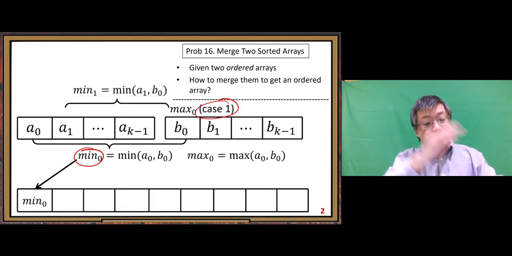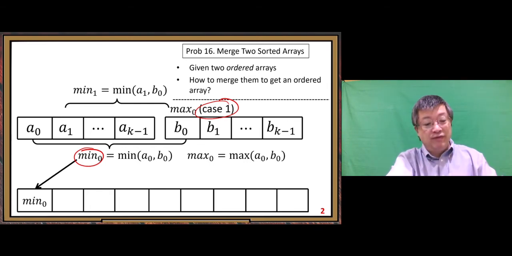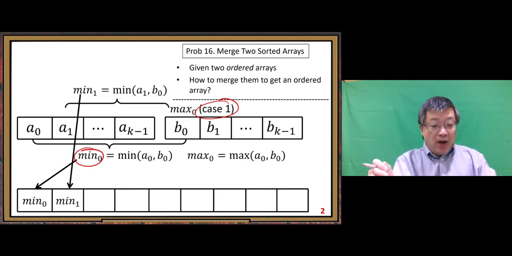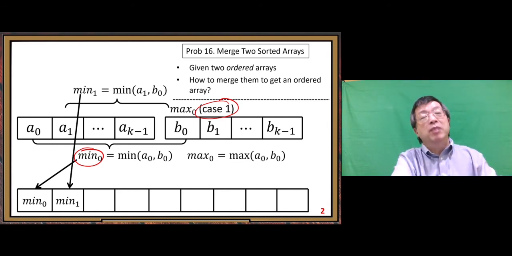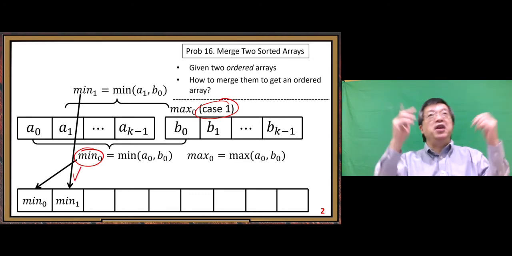This time we use min1, minimum sub 1, for the new minimum of A1 and B0. The min1 should go to the second element in the result array, so the second one is in place.